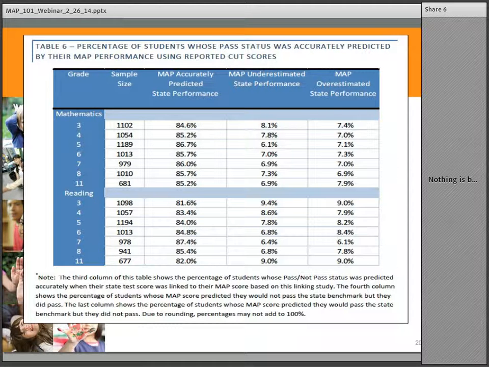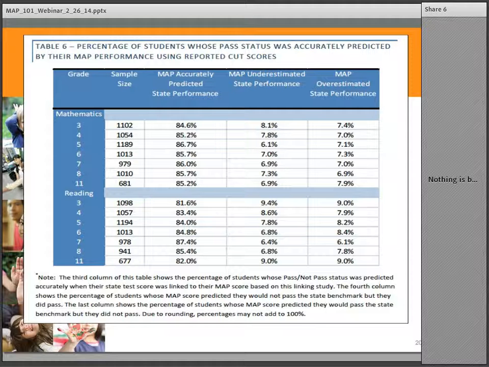So if I look at that and I look under mathematics for seventh grade, sure. What I can ascertain from this chart is that MAP accurately predicted how 86% of my students would perform on NeSA. Right, and it's important to note that it only underestimated on 6.9%.